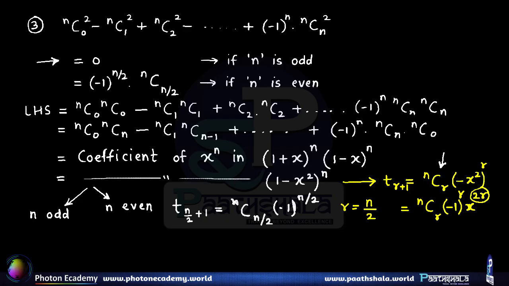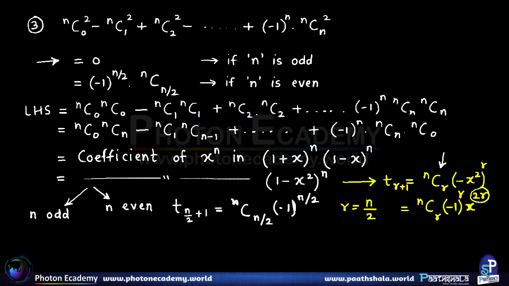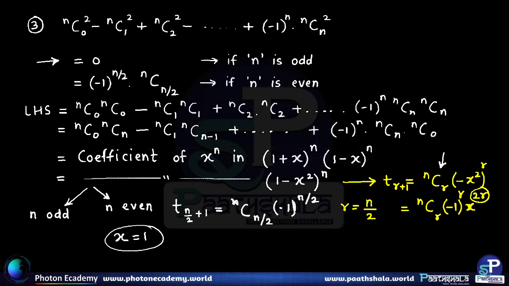Now, as we have done in previous cases, we substitute x equal to 1 so that we don't have any variable term and we can easily evaluate the required expression. So finally we get, if n is odd then the required expression is equal to 0, whereas when n is even then the required expression reduces to nC(n by 2) into (minus 1) raised to n by 2, which is the other required case.